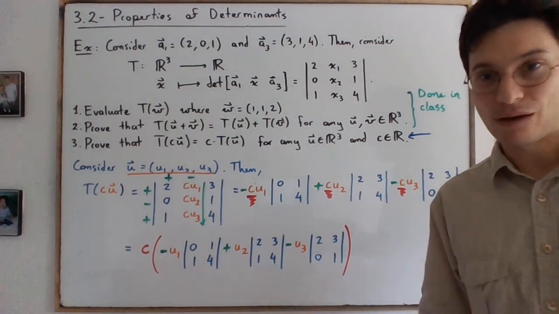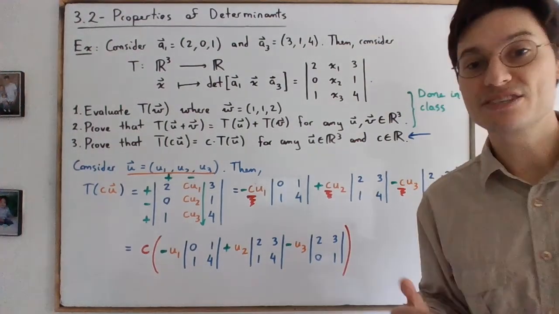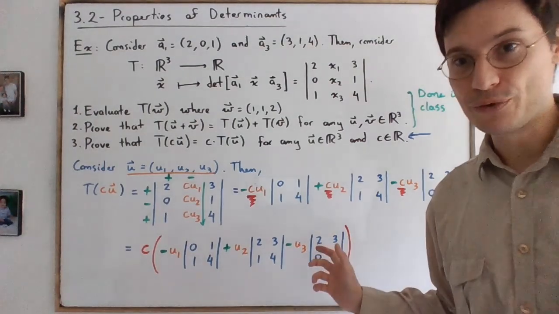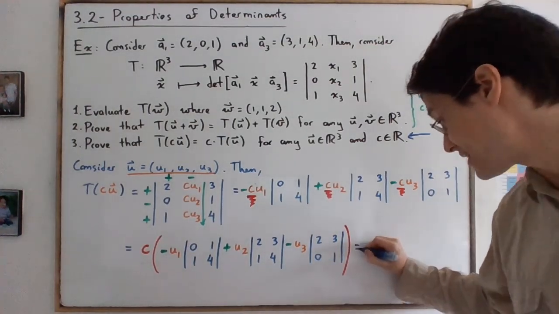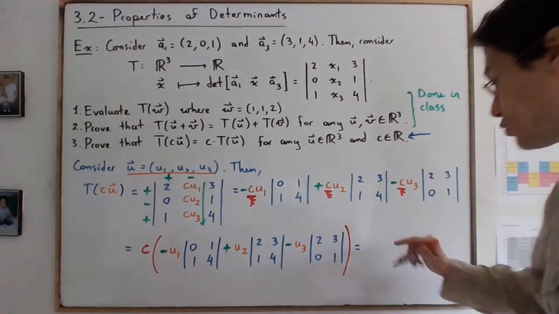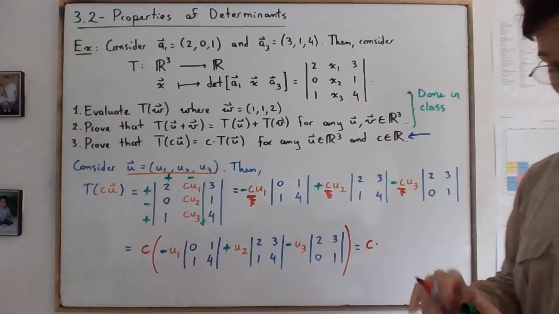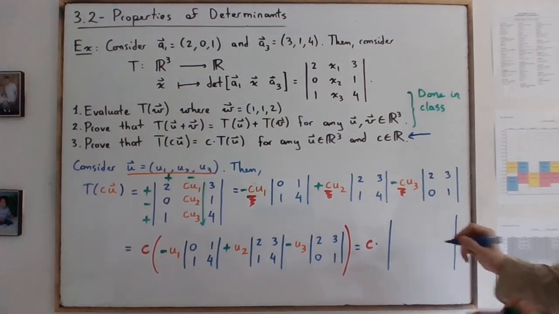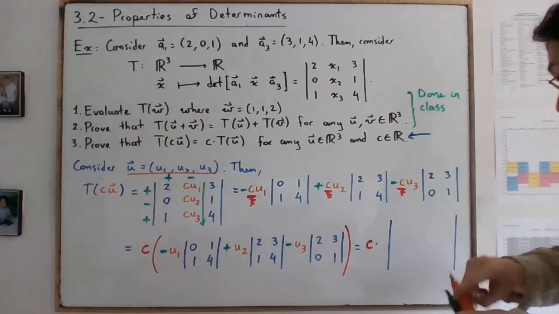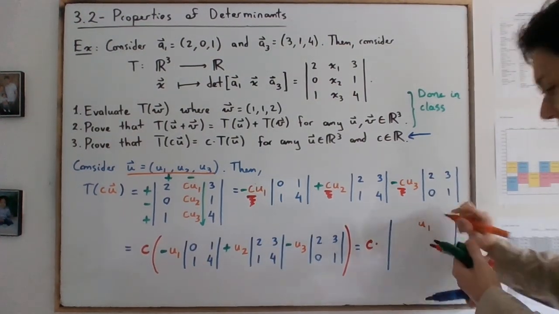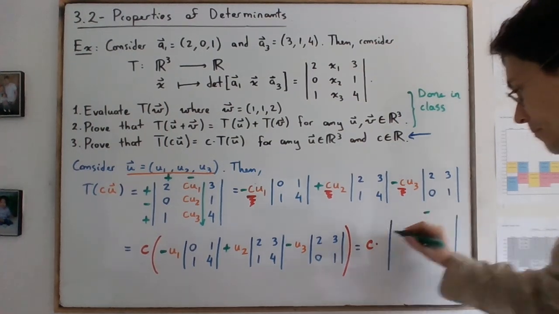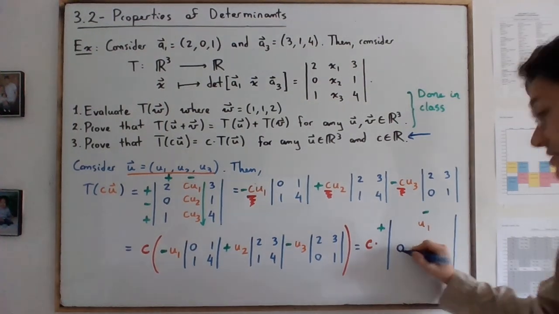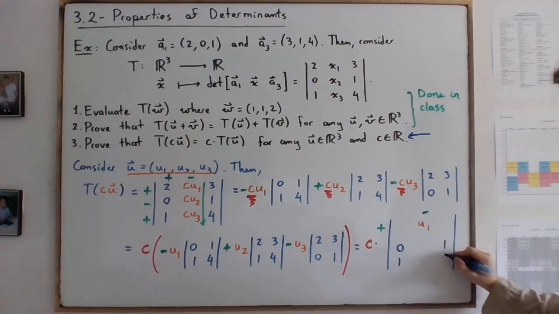Now this is the crucial step. The idea is to recognize that this is actually the cofactor expansion of T of u. So this bracket turns out to be equal to c times the determinant. Again, u1 is in the middle, so we know that u1 is accompanied with a negative sign, and its determinant will be 0, 1, 1, 4.